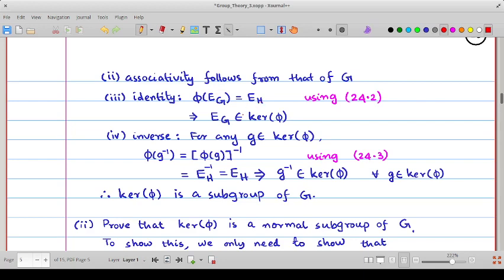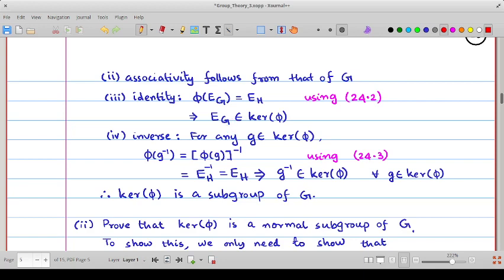So that means EG is an element of kernel of phi. So the identity of the group G is also an element of the kernel of phi. So the kernel of phi has the identity element.